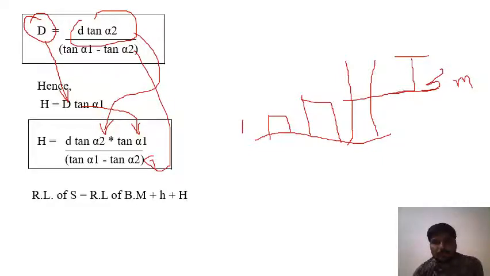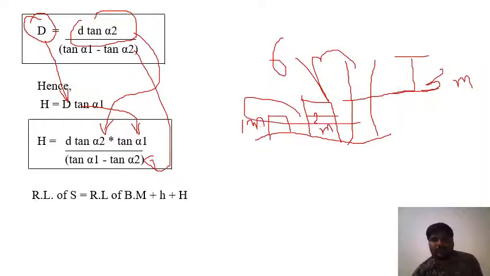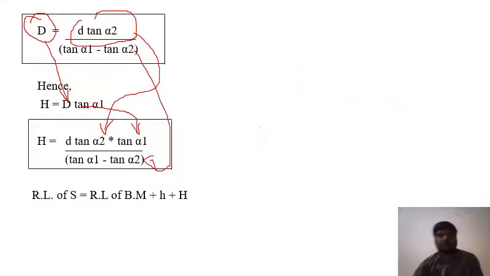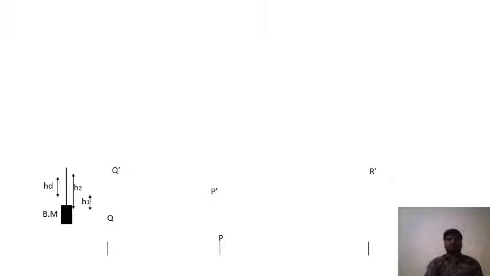This is 1 meter height, this is 2 meter height. So what happens if I add 1 meter, 2 meter, and 3 meter? Then I will get a 6 meter height. That is what we have done before.